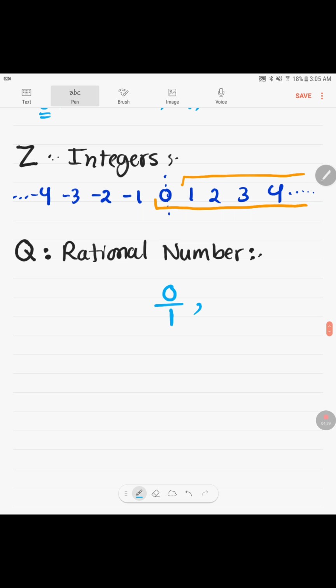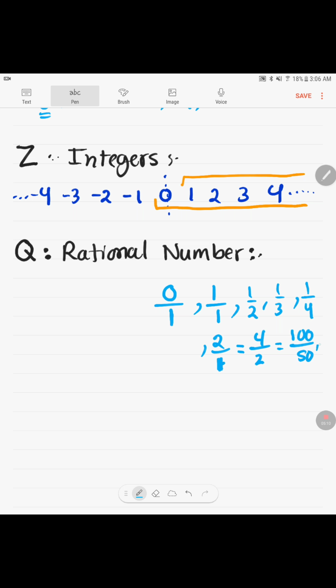So it includes 0, 1, because 1 could be represented as that, all fractions, which are 1/2, 1/3, 1/4, and it extends to the number 2, which could be expressed as either 2 over 1 or 4 over 2 or 100 over 50 and so on.